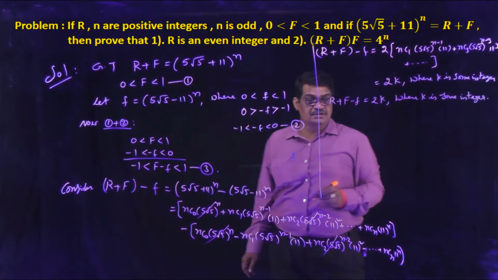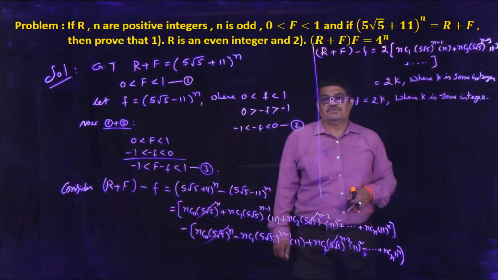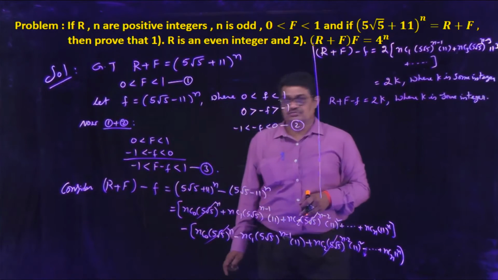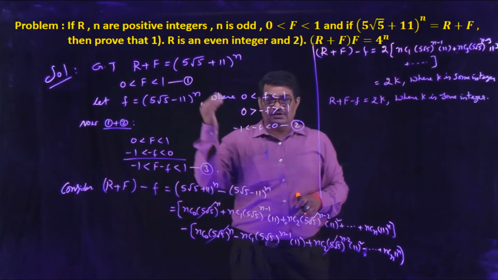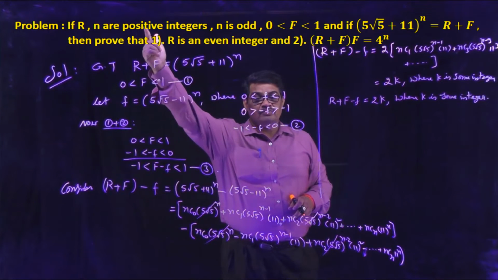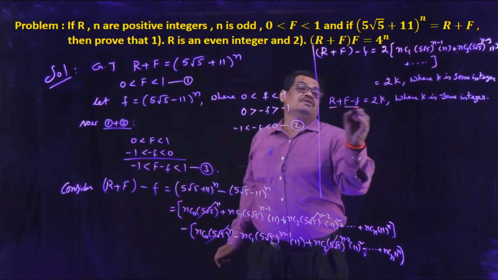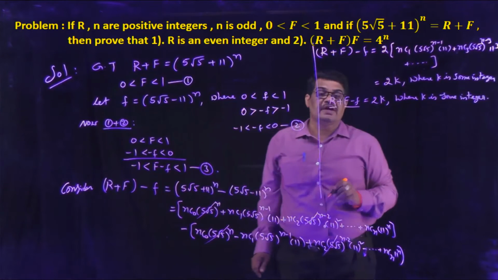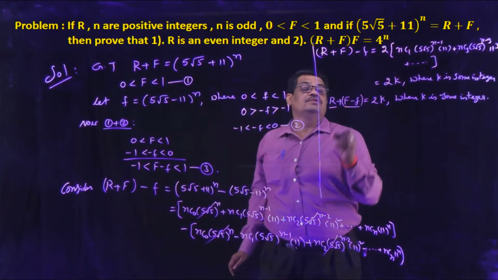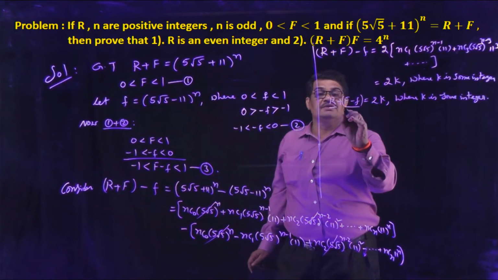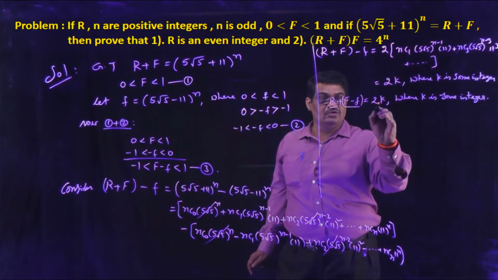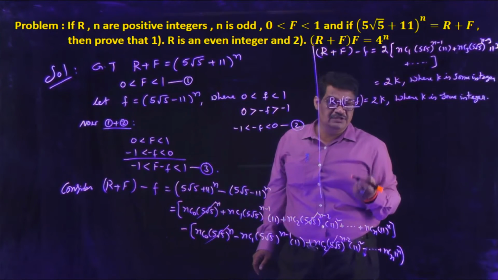Here r is an integer, given that r and n are positive integers. The sum R + F − f is an even number, 2k.